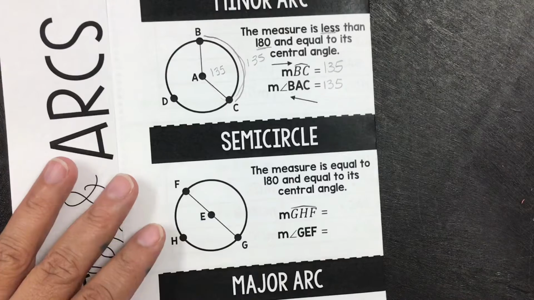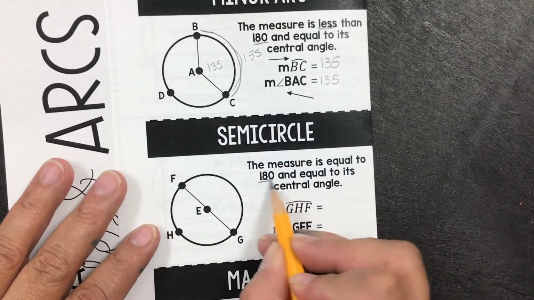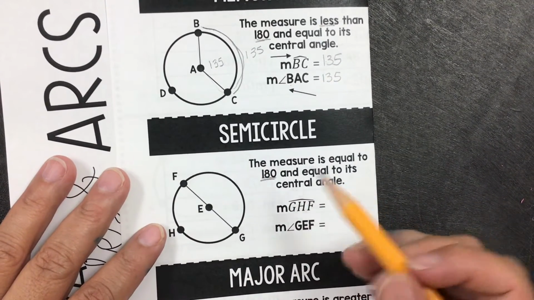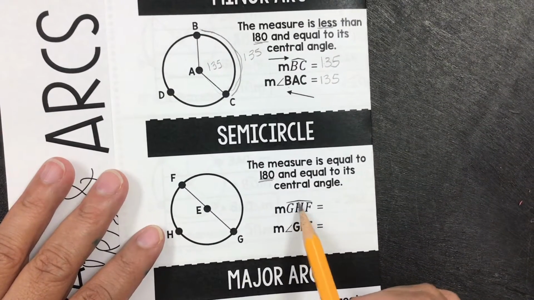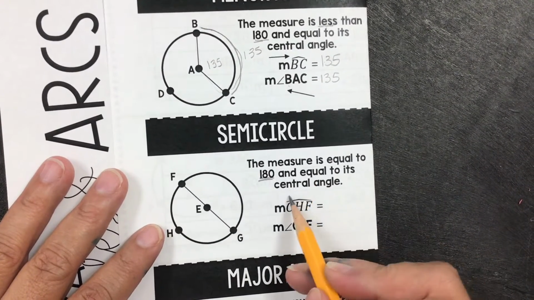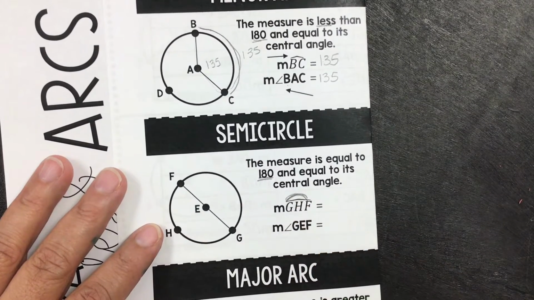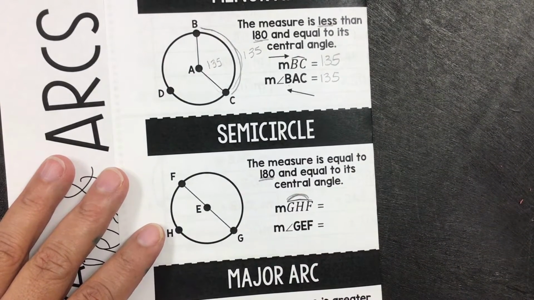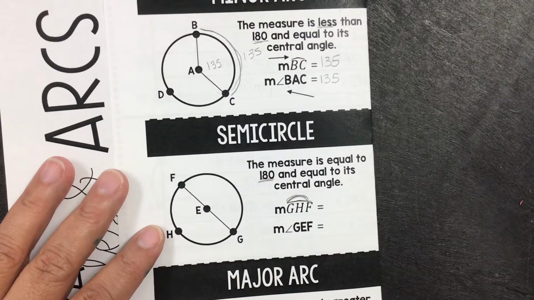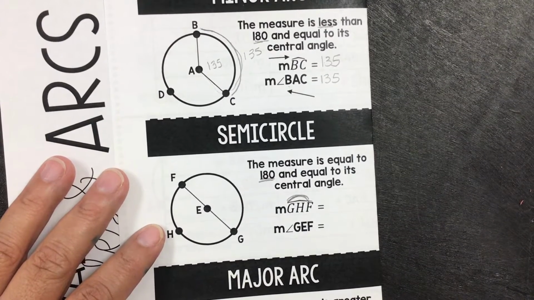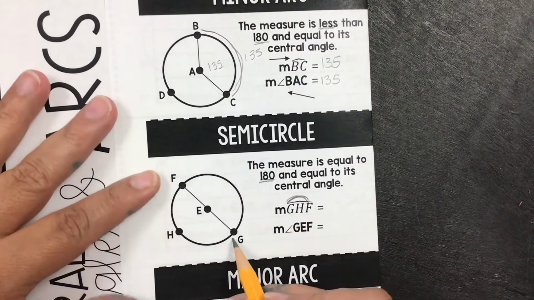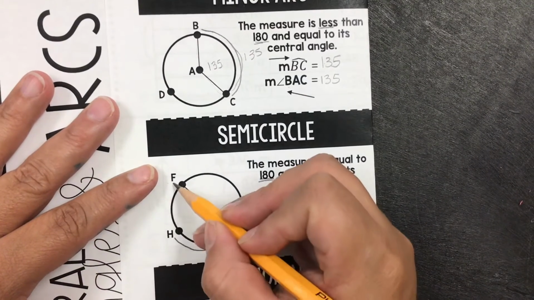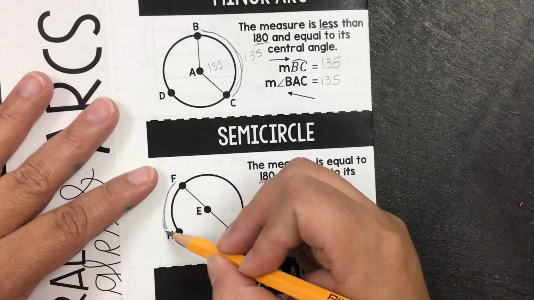A semicircle is when it does equal 180 degrees, and it's always denoted by three letters. So this looks like a little pointy thing, but it's actually an arc that we make. For a semicircle and anything bigger, we make it with three letters. That's why it says GHF. That is this whole side of the circle, so half of the circle.